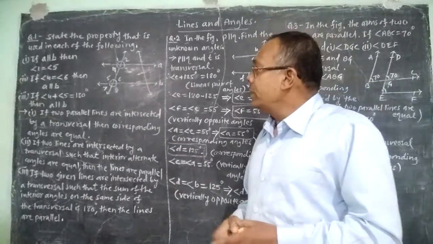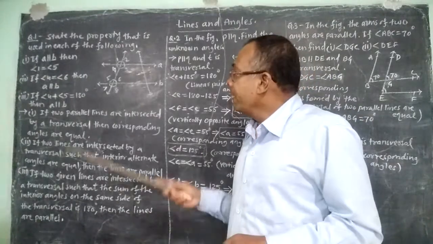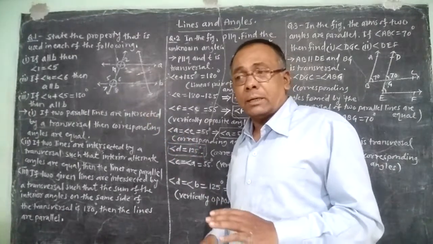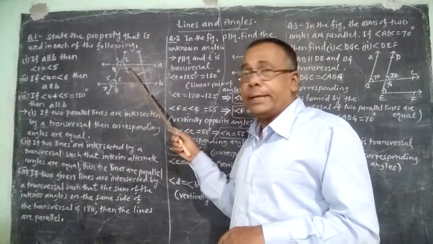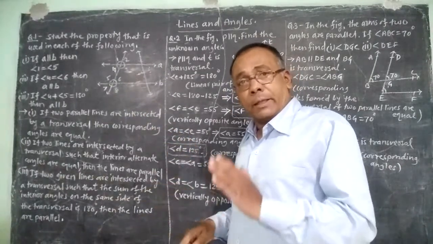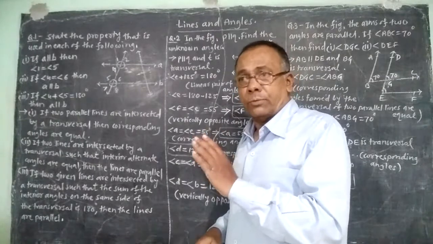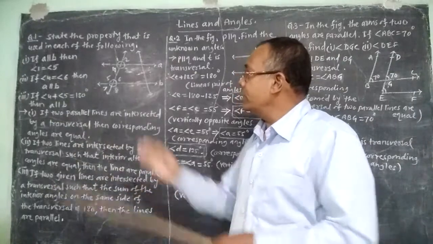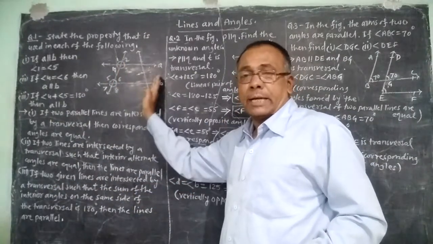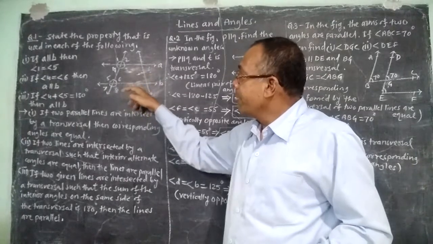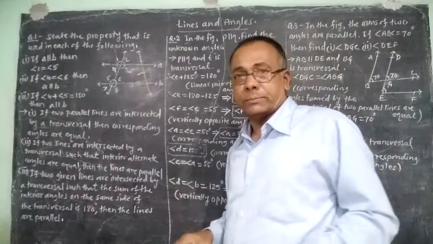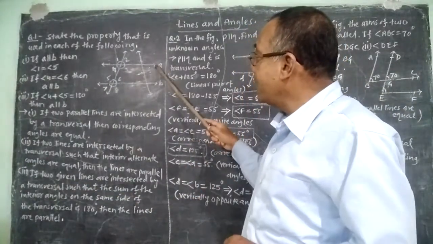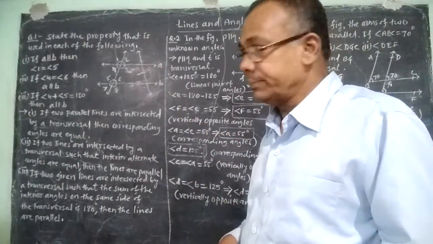Also, here we have seen that angle 3 and angle 6 are the interior angles on one side of the transversal, any one side. Here 3 and 6 are on the right side of the transversal, and if the sum of 3 and 6 is 180 degrees, then line A and line B are parallel to each other.